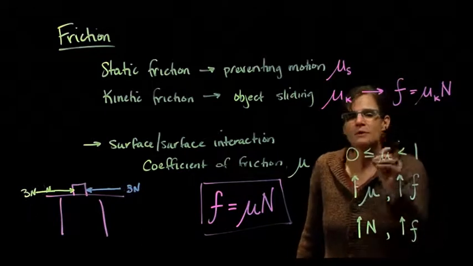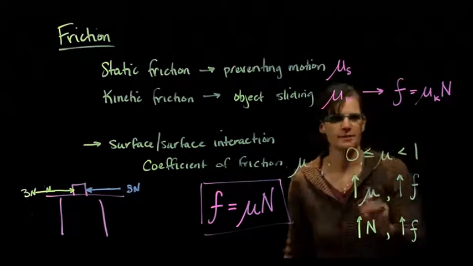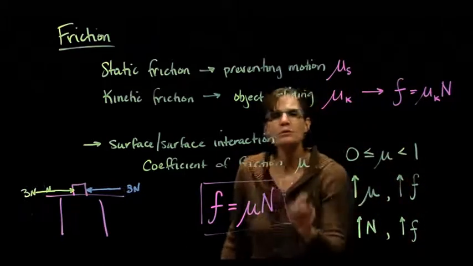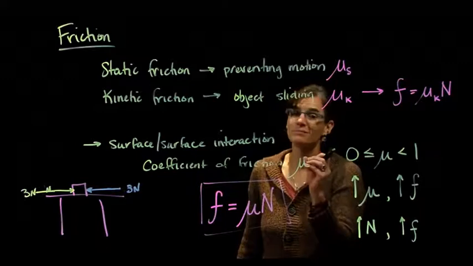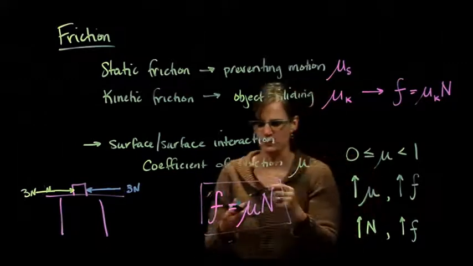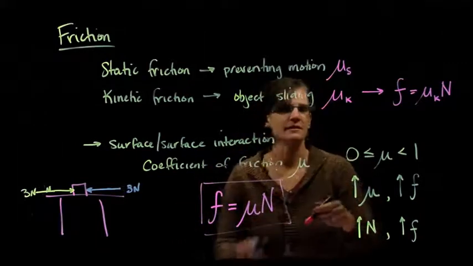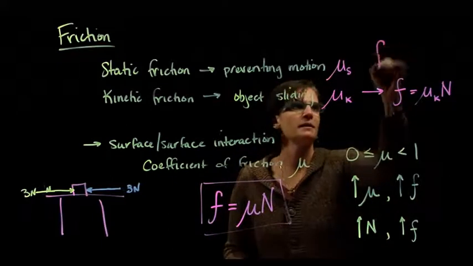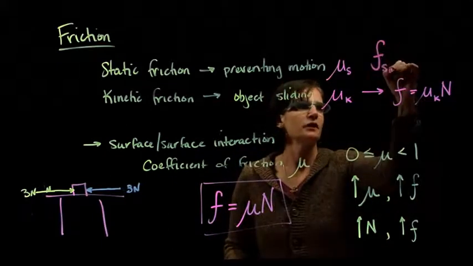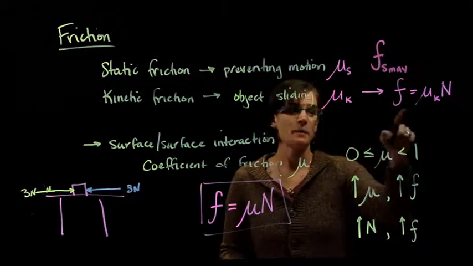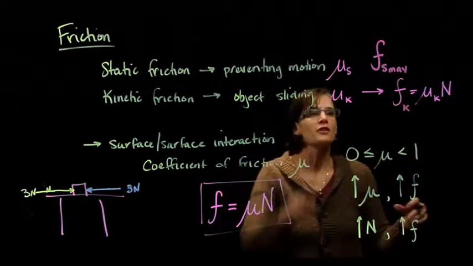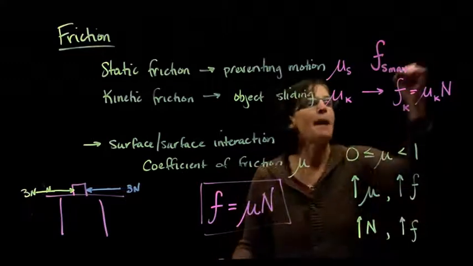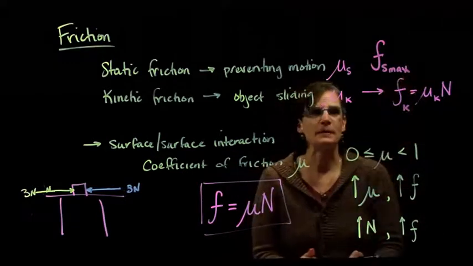At the point where we are able to break that static friction, we're able to move that block, just making it move, or just preventing it from moving. That is the case of maximum static friction. I did neglect to put my kinetic friction there to identify it. So that's an X, maximum static friction.